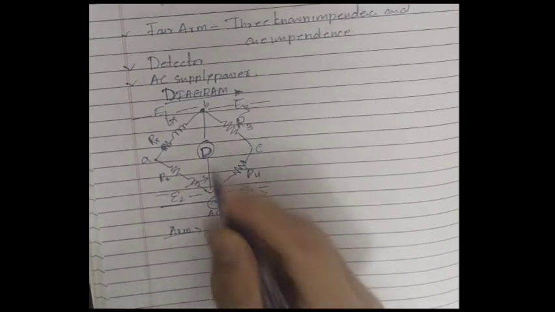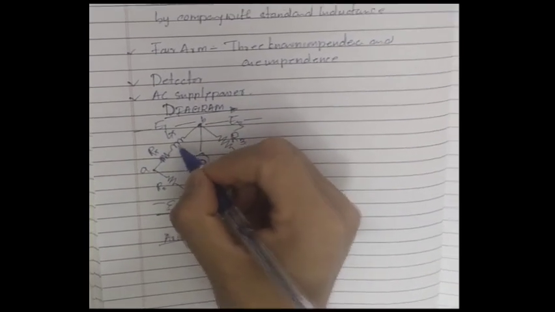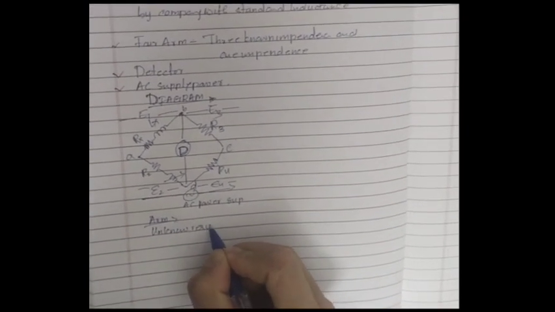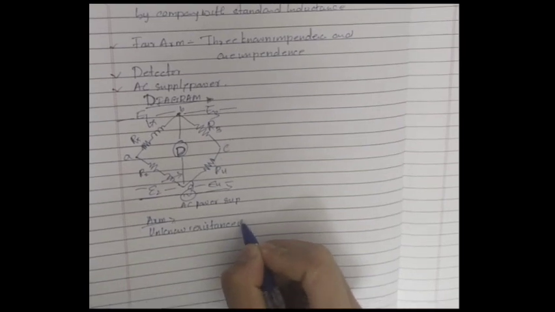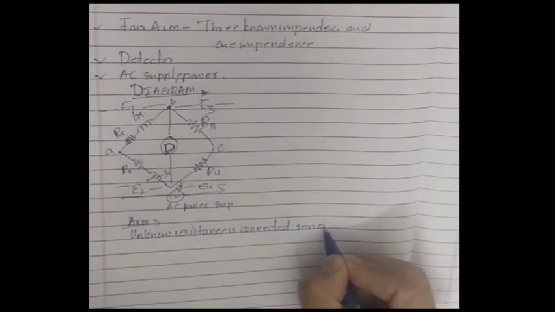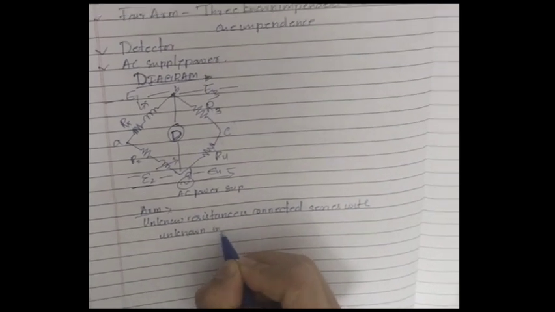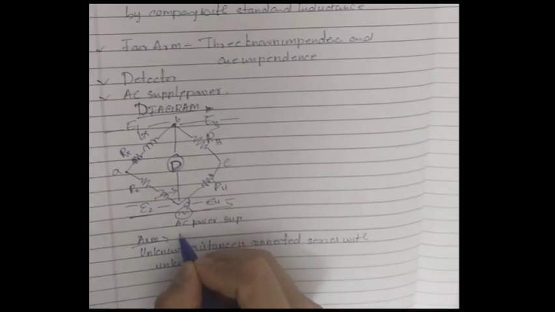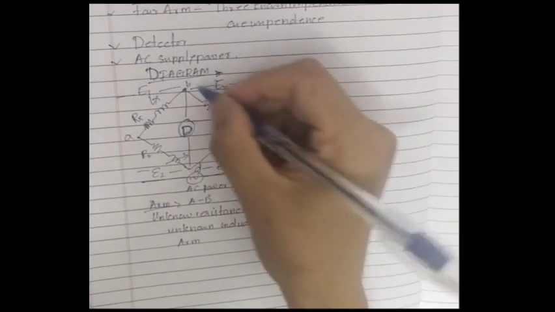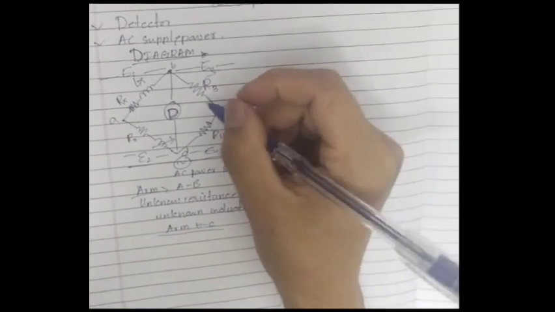In arm AB, the unknown resistance is connected in series with the unknown inductance. Now arm B to C: you can see that there is no inductance.